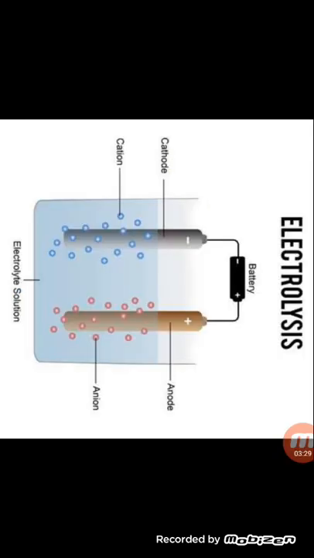Next is electrolysis. The process in which we pass the electric current through an electrolyte so that some chemical changes in the electrolyte take place is called electrolysis.